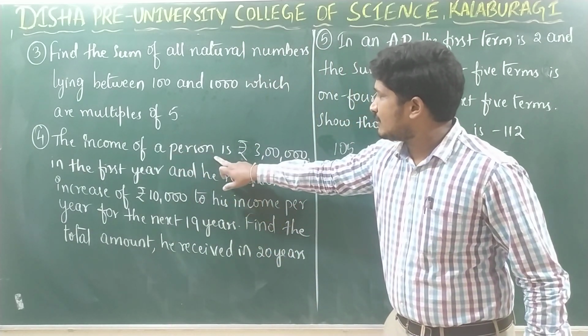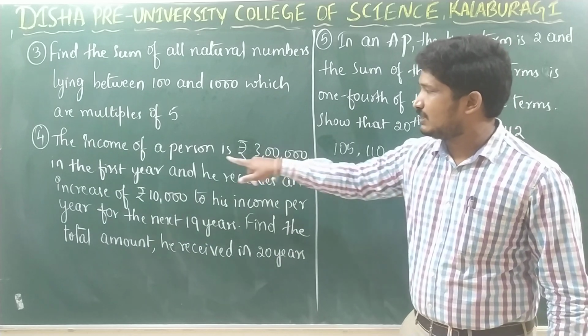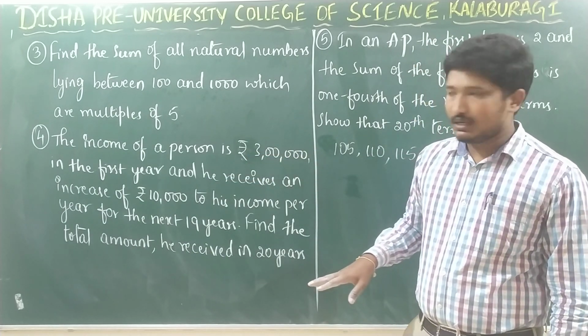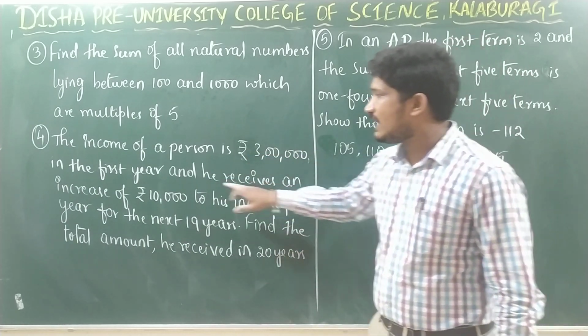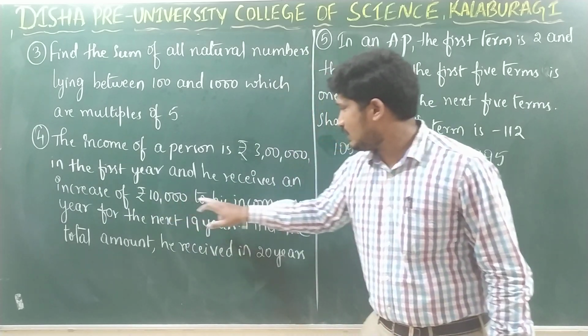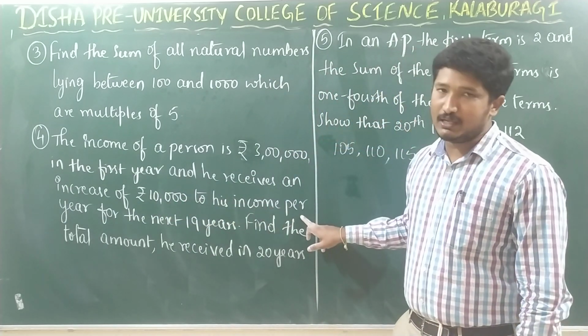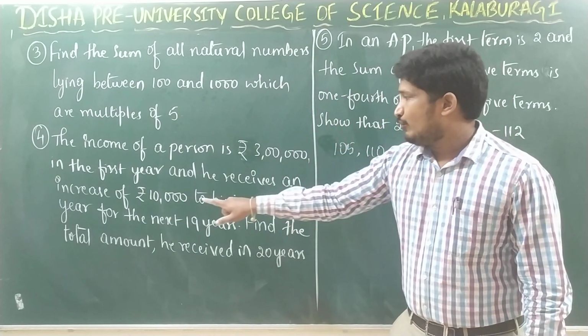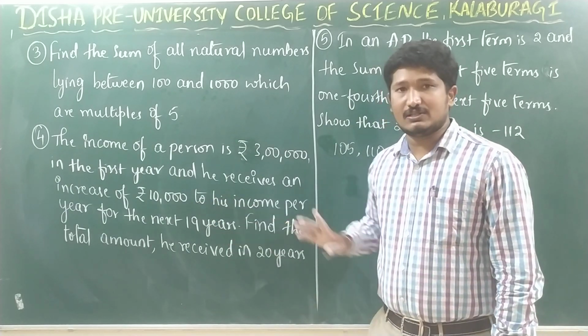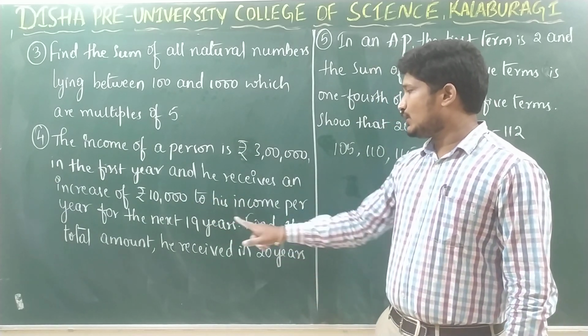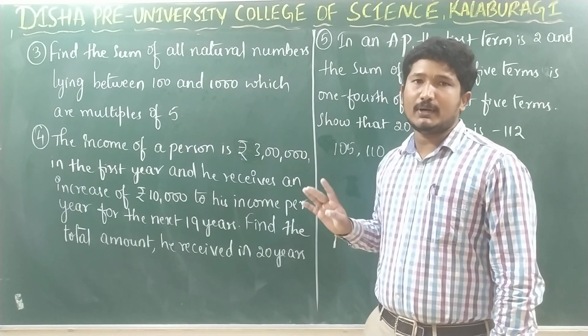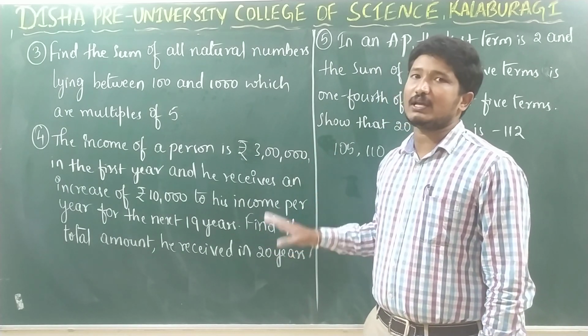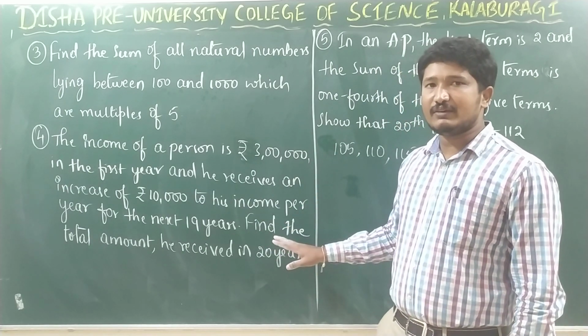See the next one. The income of a person is rupees 3 lakhs in the first year. And he receives an increase of 10,000 in his income per year for the next 19 years. Find the total amount he received in 20 years. So here also we have to calculate the sum. See what is given here.